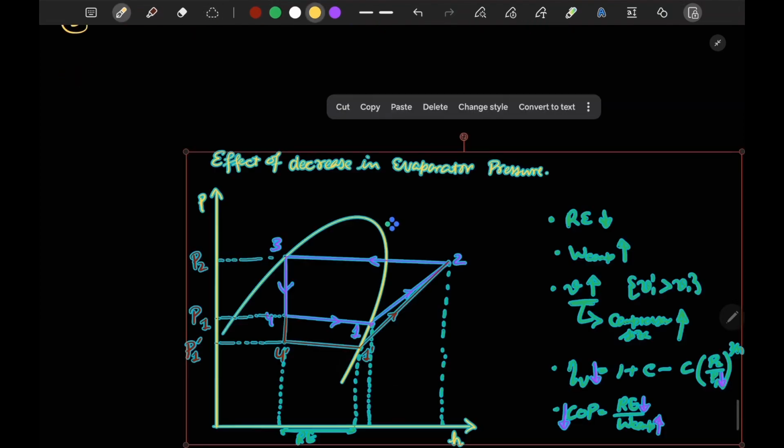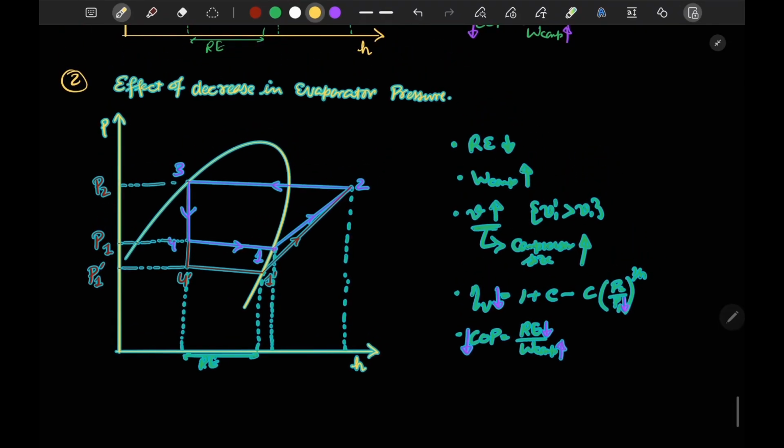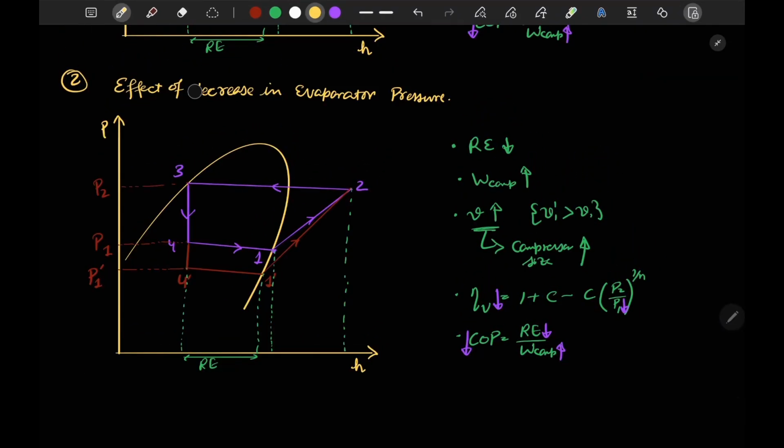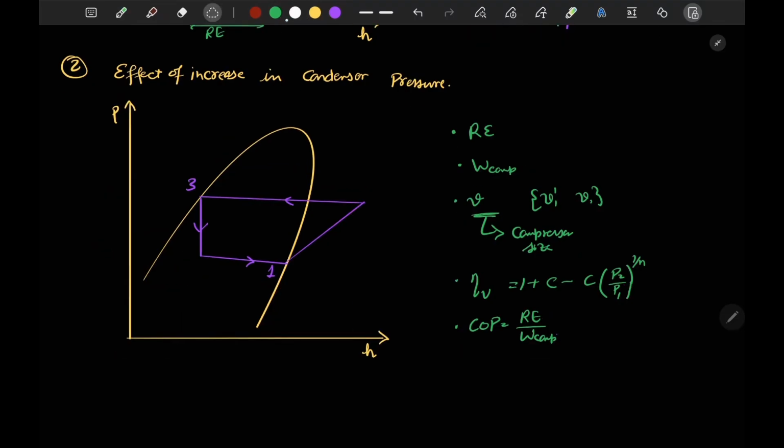Let me write point number 2: this is the increase in condenser pressure. So this is our original pH curve for a simple VCRS, with points 3, 4, 1, 2.